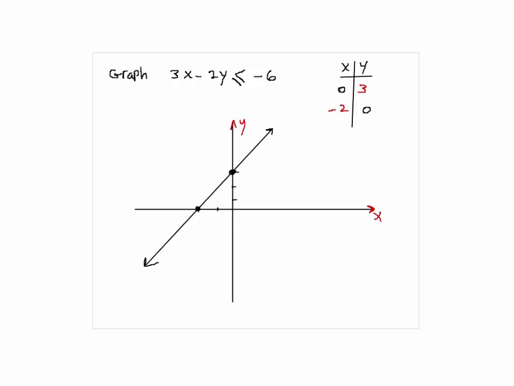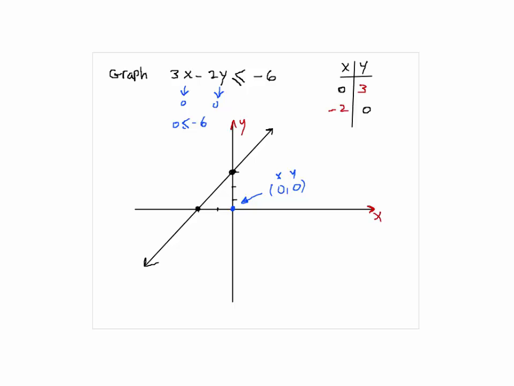Yeah, we need to look at the test point. The best test point would be the origin, this point here. I want to check if this is the solution. If I substitute for each x 0 and each y 0 here, then I would get 0 minus 0, 0 is less than or equal to negative 6.